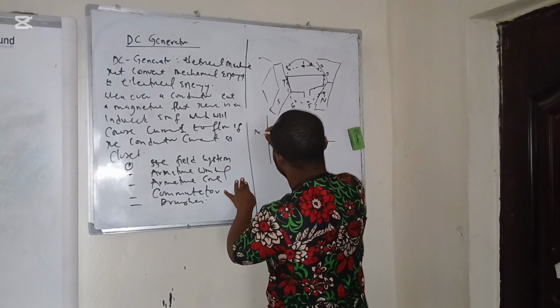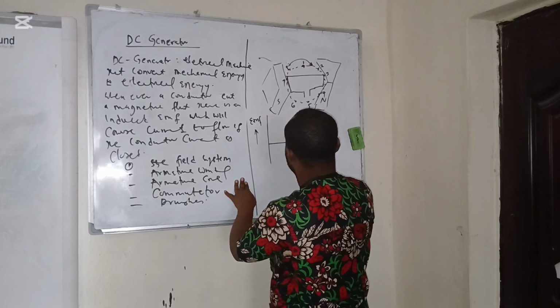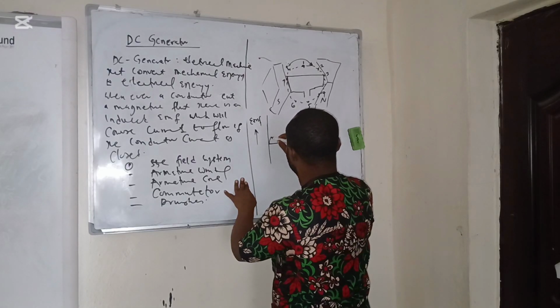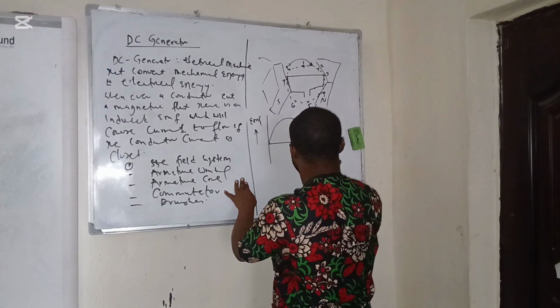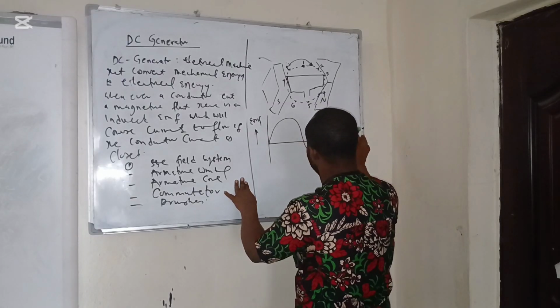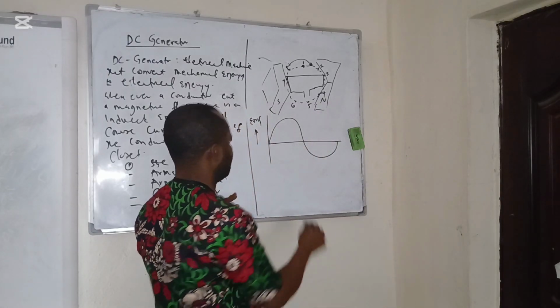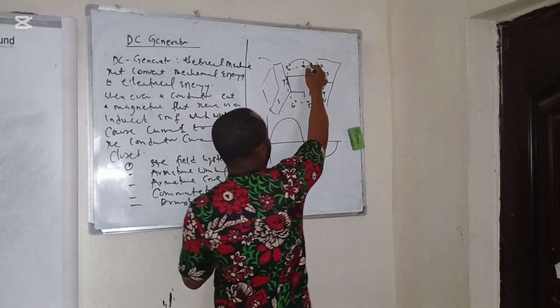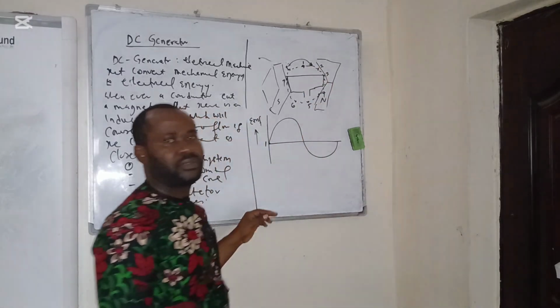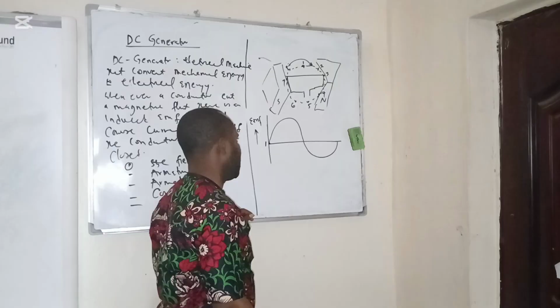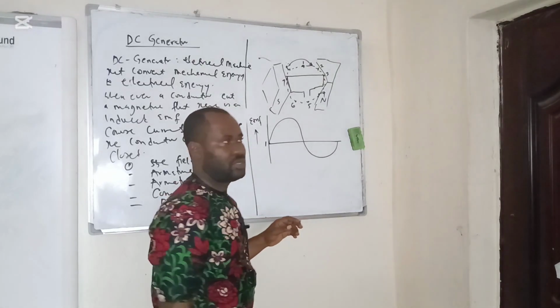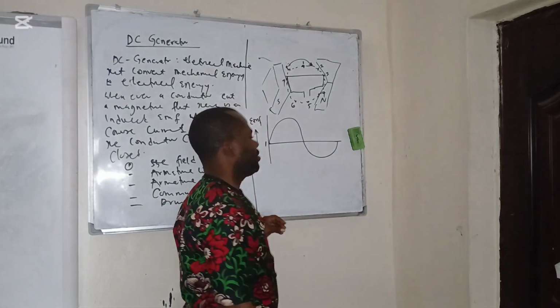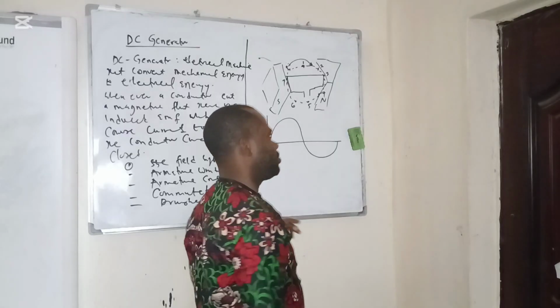You can call this axis EMF. At point 1, the flux and the conductor are parallel, and the angle between them is 0, so we have 0 EMF induced.